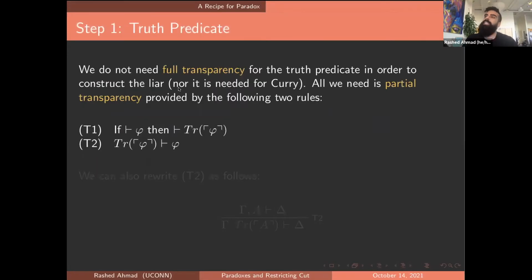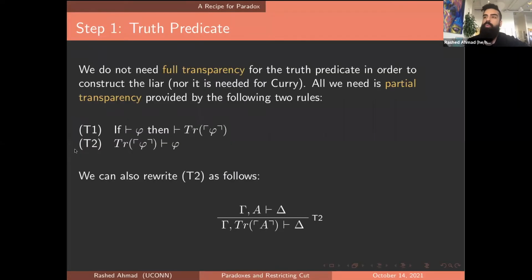All right, so let's take an example with the truth predicate. We usually have full transparency for the truth predicate, but that's not necessary to construct the liar and Curry. All we need is partial transparency, so filling out the same schema previously, T1 says if we can prove phi, then we can prove that phi is true, and T2: phi is true entails phi.